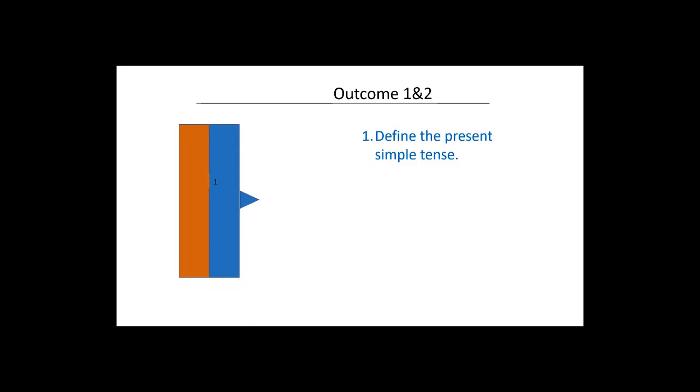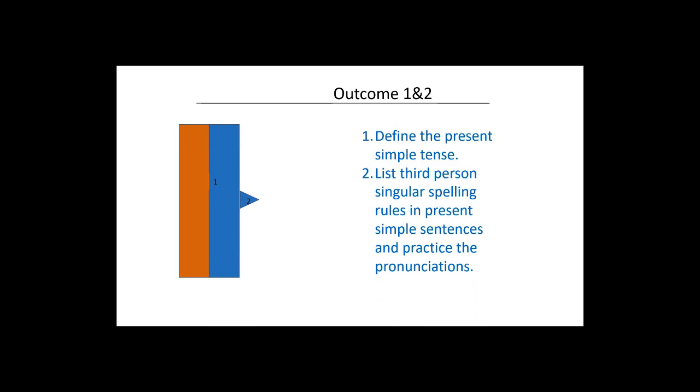Remember, outcome 1, we're going to define the present simple tense. So we're going to find out what does it actually mean. And for number 2, the outcome is we're going to list the third person singular spelling rules in the present simple sentences and practice the pronunciation as well.